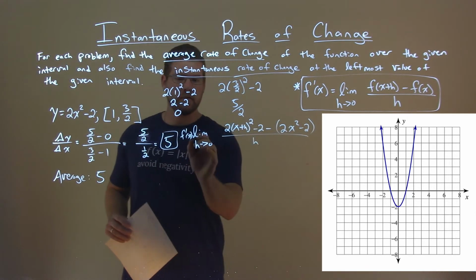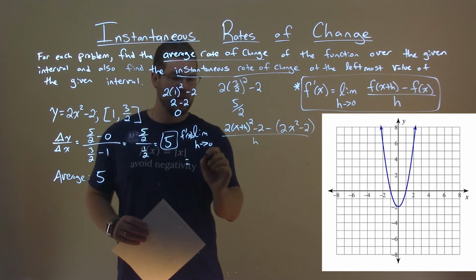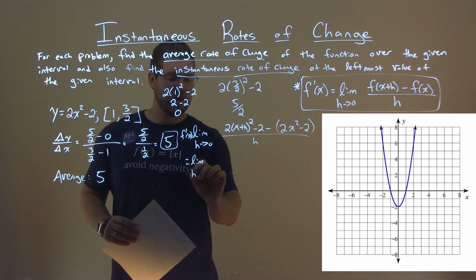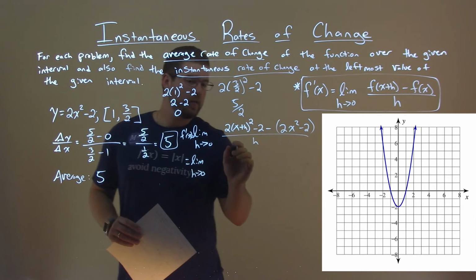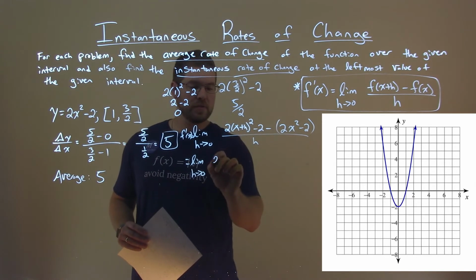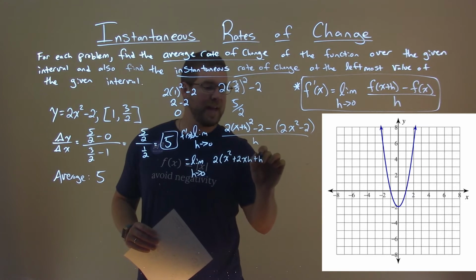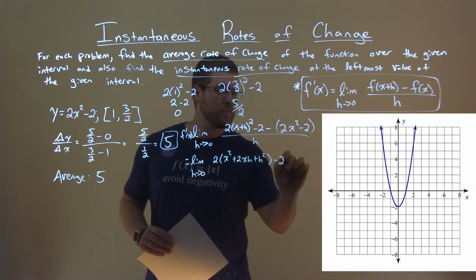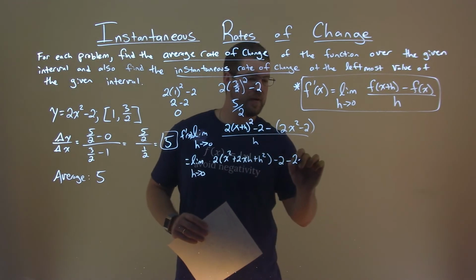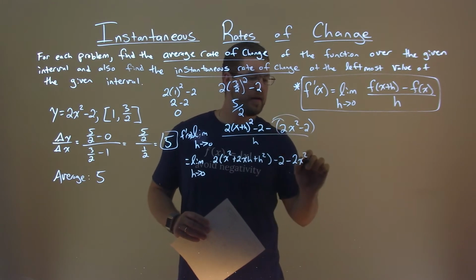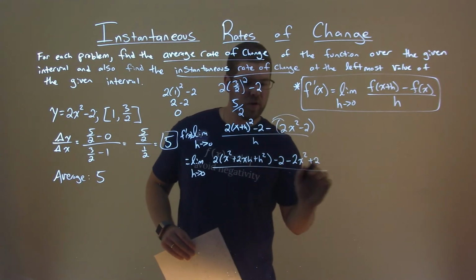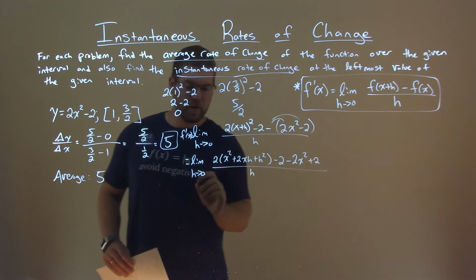And now we'll simplify what we can in the numerator. We have the limit as h approaches 0 of, this thing simplifies, we have 2 times x squared plus 2xh plus h squared, minus 2 minus 2x squared, distributing this part out, plus 2, all over h. Let's keep going.